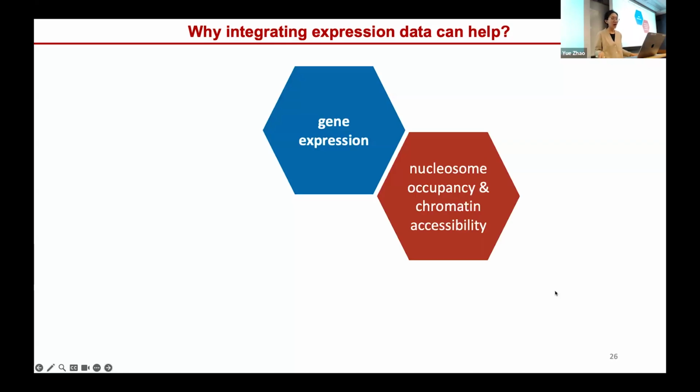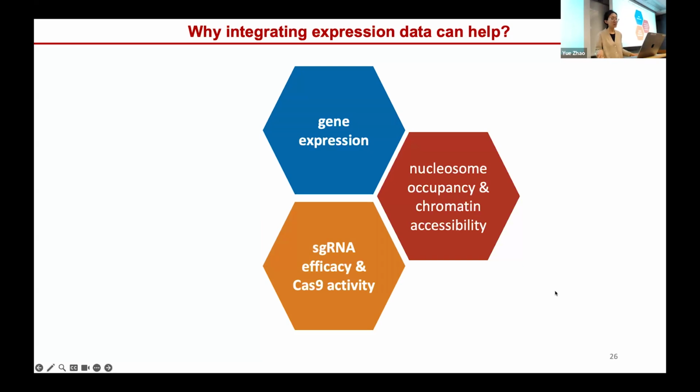So genes with high expression are usually located in regions of low nucleosome occupancy and high chromatin accessibility. And interestingly, highly active guide RNAs for Cas9 and the deactivated Cas9 nuclease are also found almost exclusively in those regions. And Cas9 cleavage, or Cas9 activity, is also strongly inhibited when the DNA target is within the nucleosome.